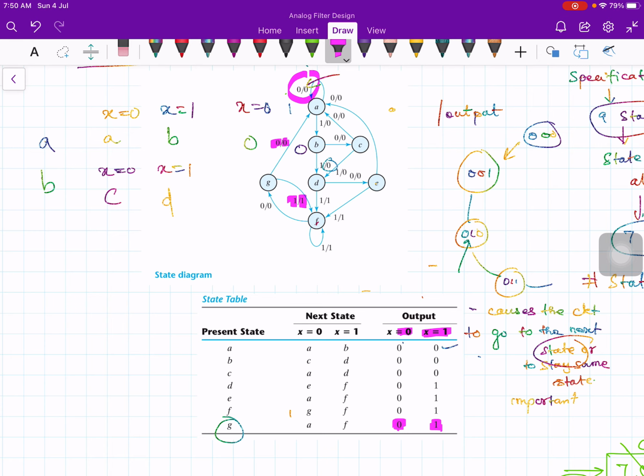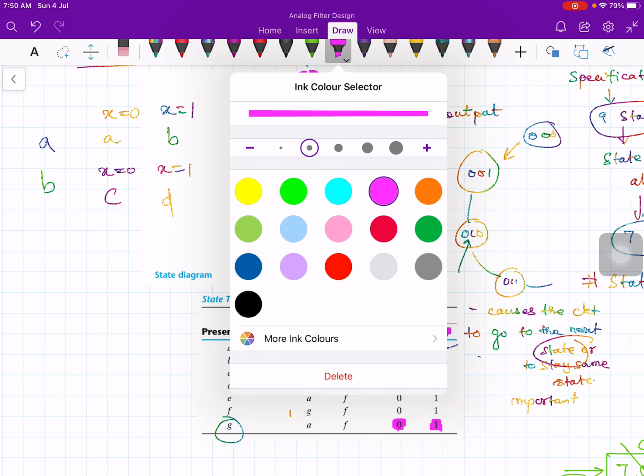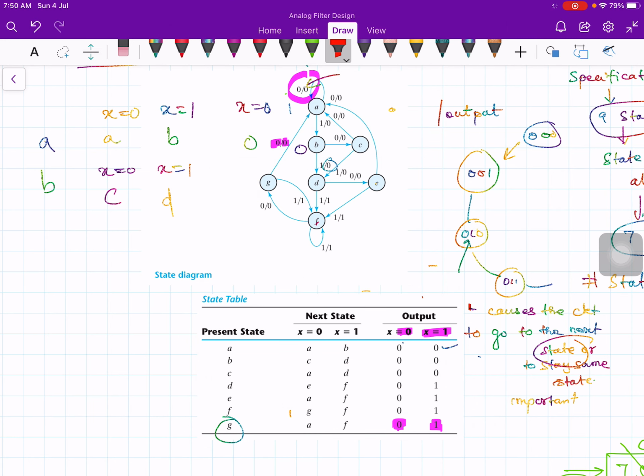Now when the input is 1, it moves to F state. When the input is 0, it moves to A state. This is the state table.